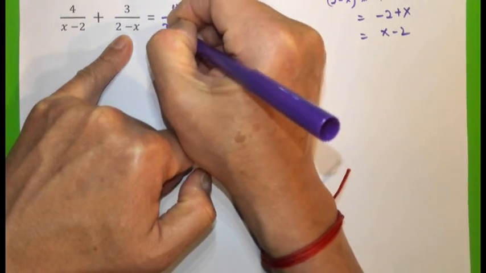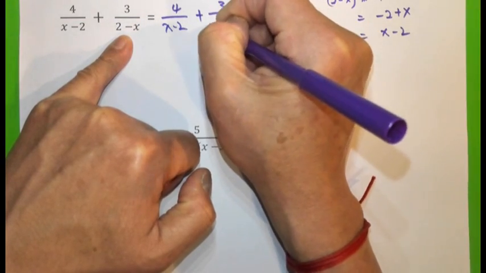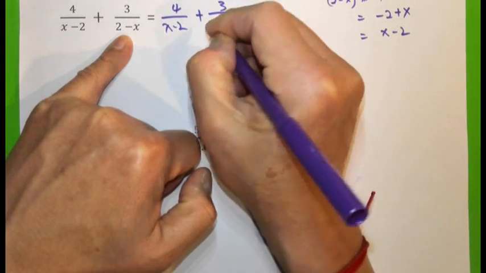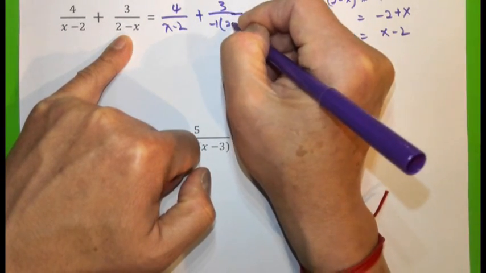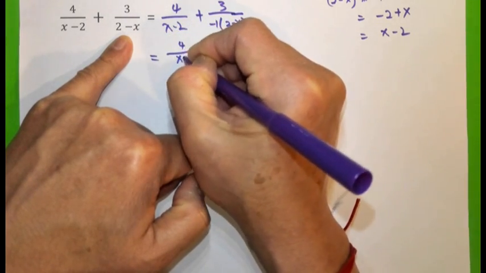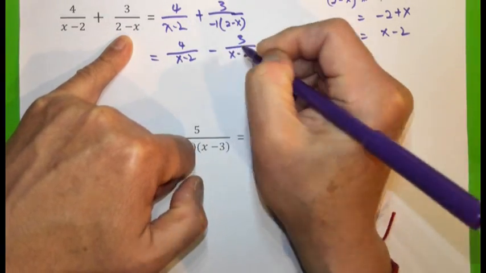4 over x minus 2 plus 3 times minus 1 times 2 minus x. Or you can rewrite this as 4 over x minus 2 minus 3 over x minus 2.